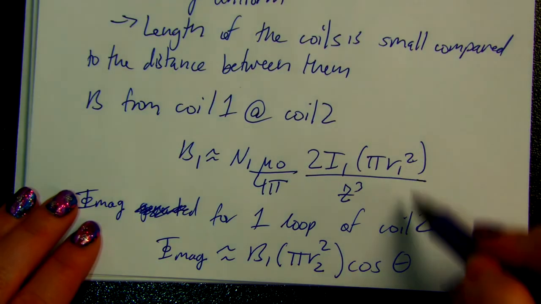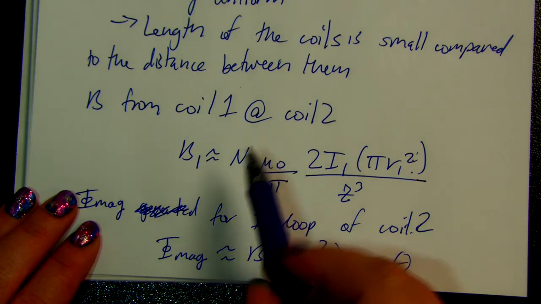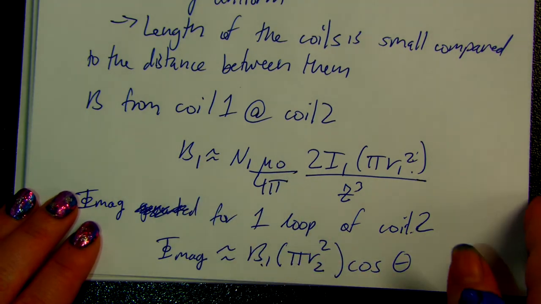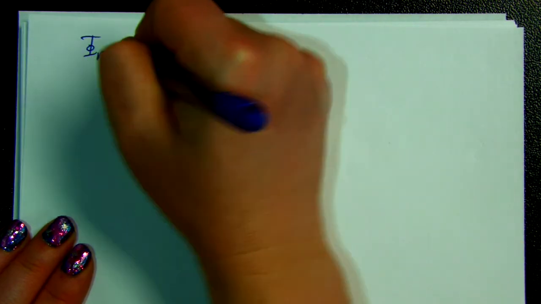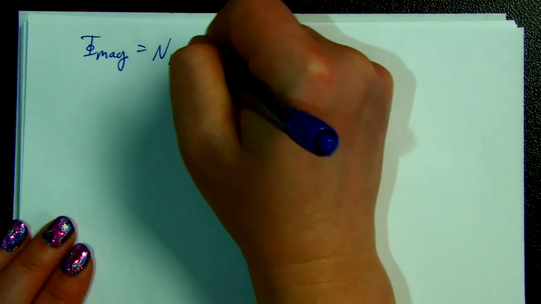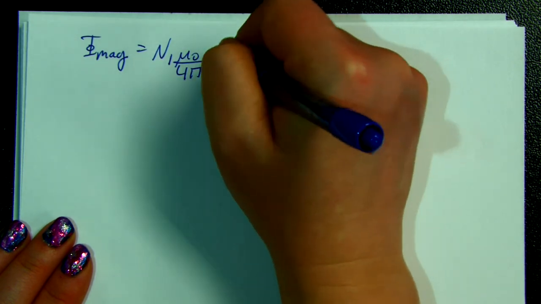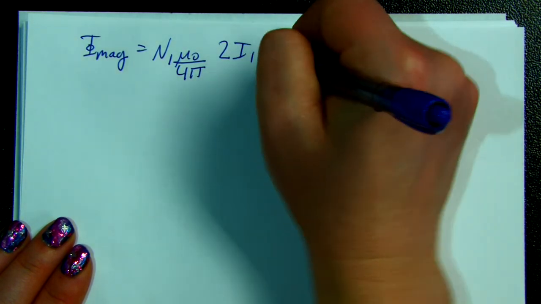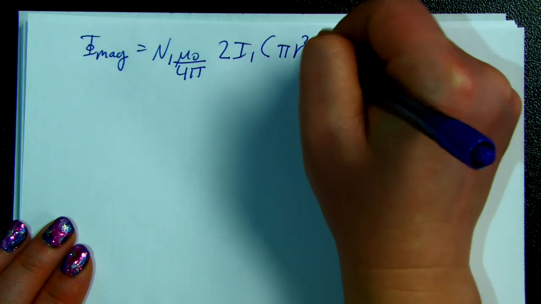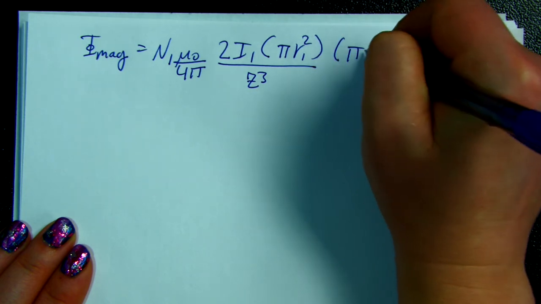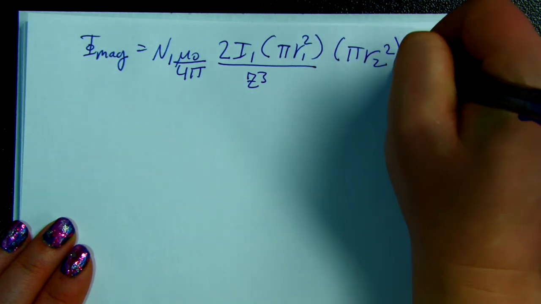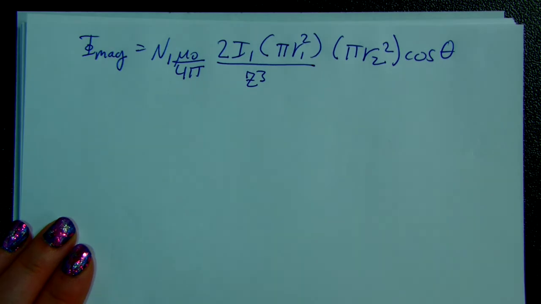Okay, so we can put these two equations together. So this is the magnetic field that we can insert into there. So doing that, we get that magnetic flux is equal to N1 mu naught over 4 pi 2 I1 pi R1 squared over Z cubed times pi R2 squared, times cosine theta.